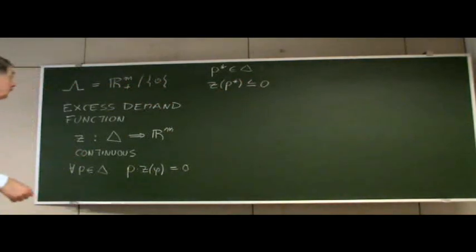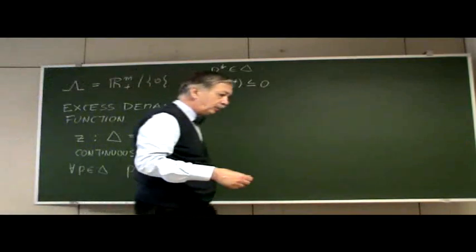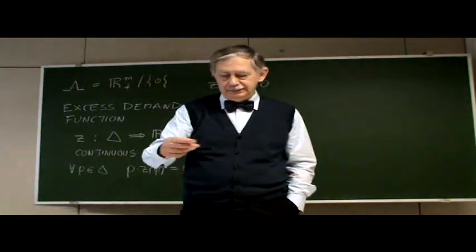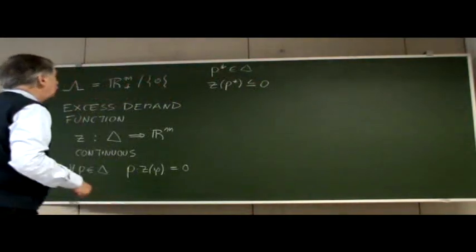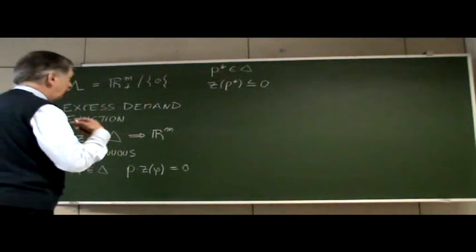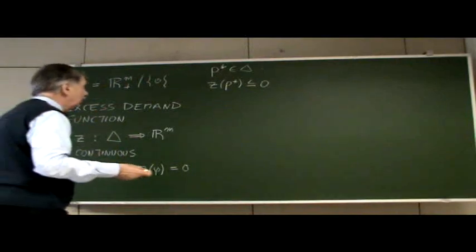Do you remember? Well, in order to prove the existence of equilibrium by a theorem due to Arrow and Debreu, we must introduce a supplementary function.